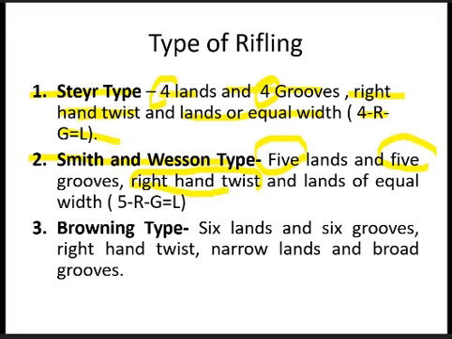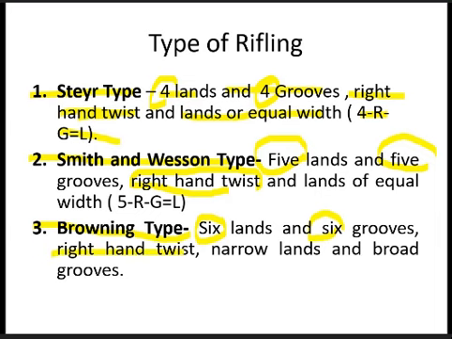Again, these are class characteristics. Of course, we also have the Browning type, with 6 grooves and a right hand twist. Browning type: 6 lands, 6 grooves, right hand twist.